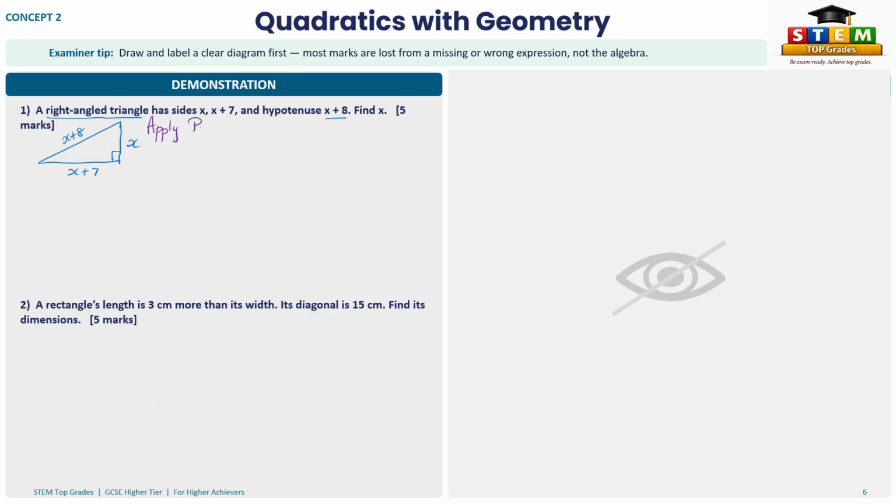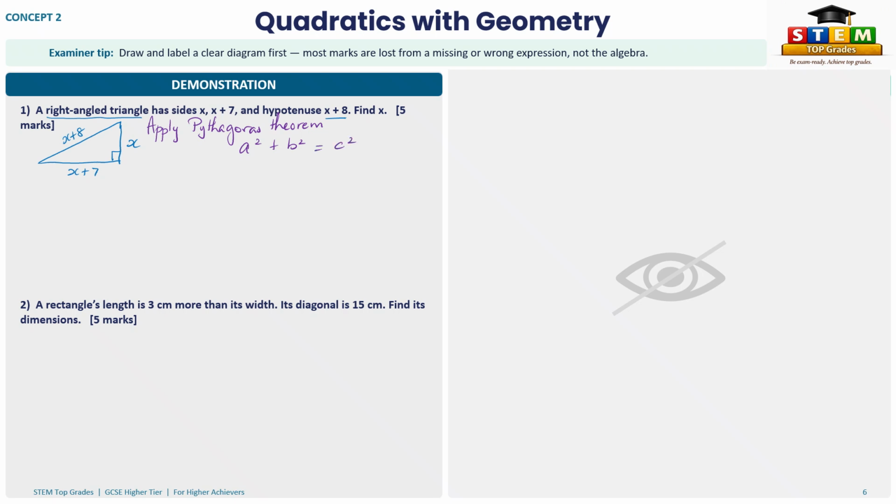And Pythagoras theorem, if you remember, is as easy as A, B, C. So I think you know where I'm going with this equation. A squared plus B squared equals C squared.